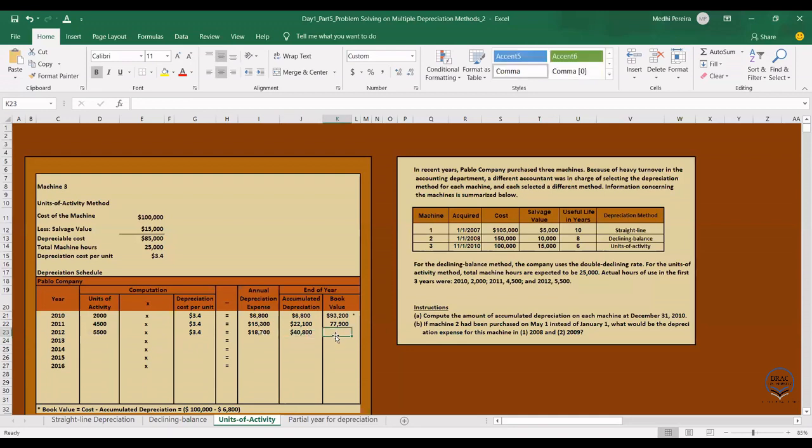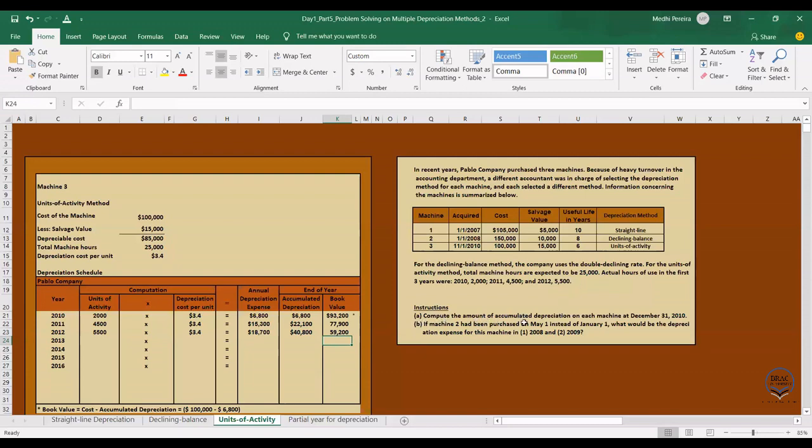Now, if we calculate the book value, it is the cost minus the accumulated depreciation for 2012. And now we have the book value at the end of 2012 to be 59,200.